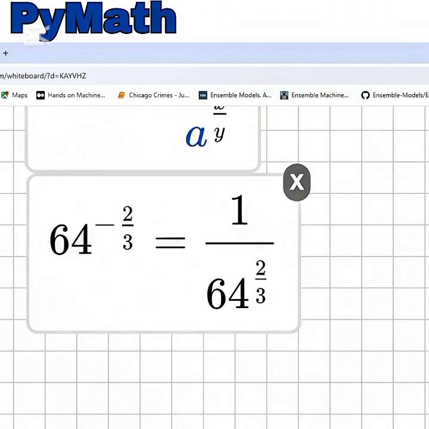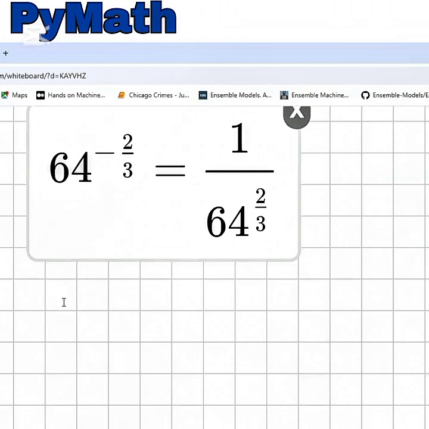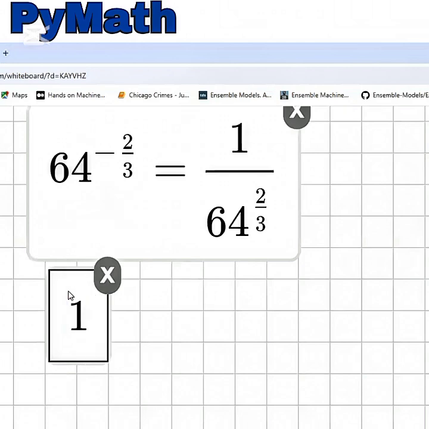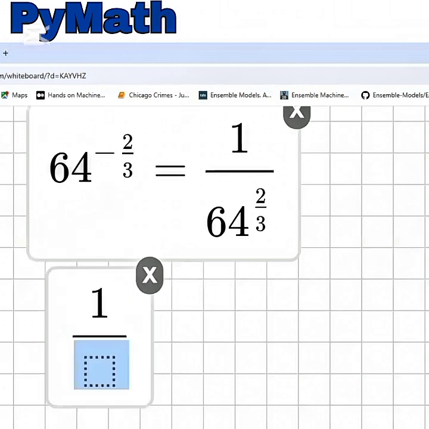We come back to our initial law of expressing fractional indices, because the denominator is now in the form of a positive fractional index. So this becomes 1 all over 64 raised to the power of 2 over 3 in the denominator.